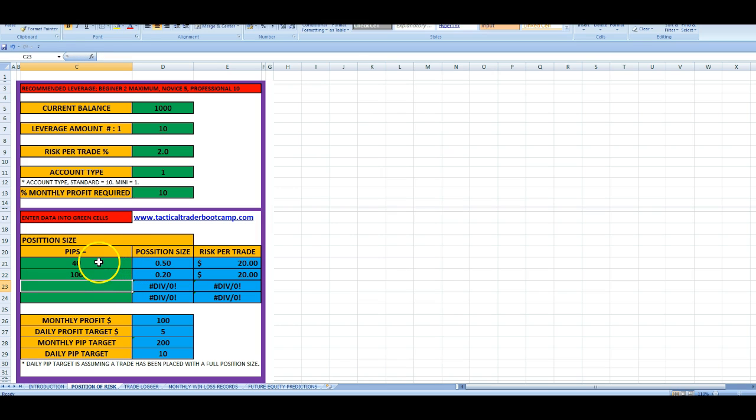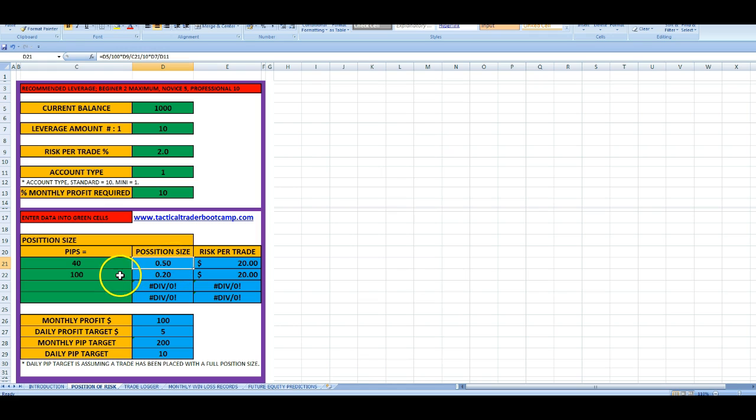So let's just say your trading system is 40 pips for your full position size, and for the bigger moves it's 100 pips. We're just saying. With that 40 pips and with the $1,000 in your account with 2% risk per trade, that one mini lot is going to be 0.5.